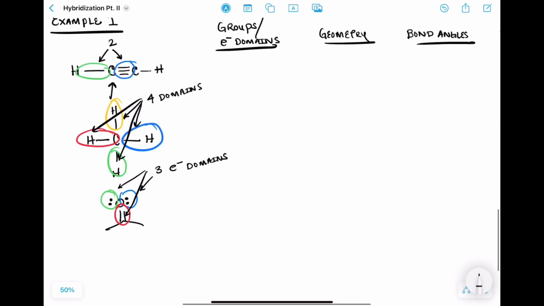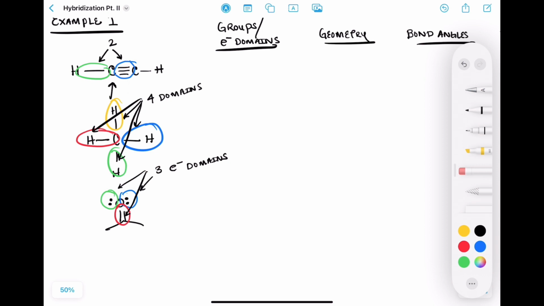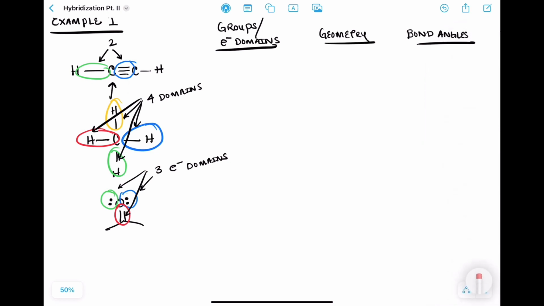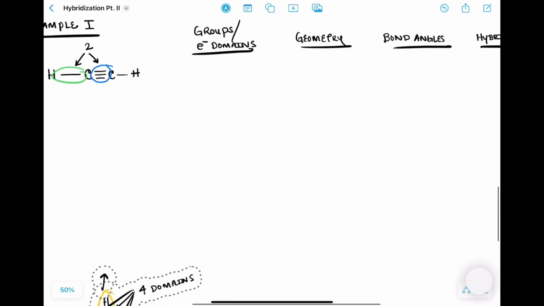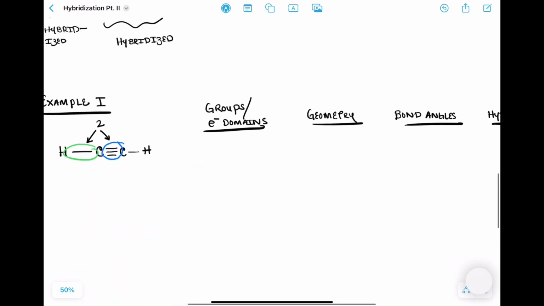Now, those are just examples. Let's go ahead and build out our chart. So I'm going to erase, or I can move these aside, and I'll move these down. And so we'll continue with our table.